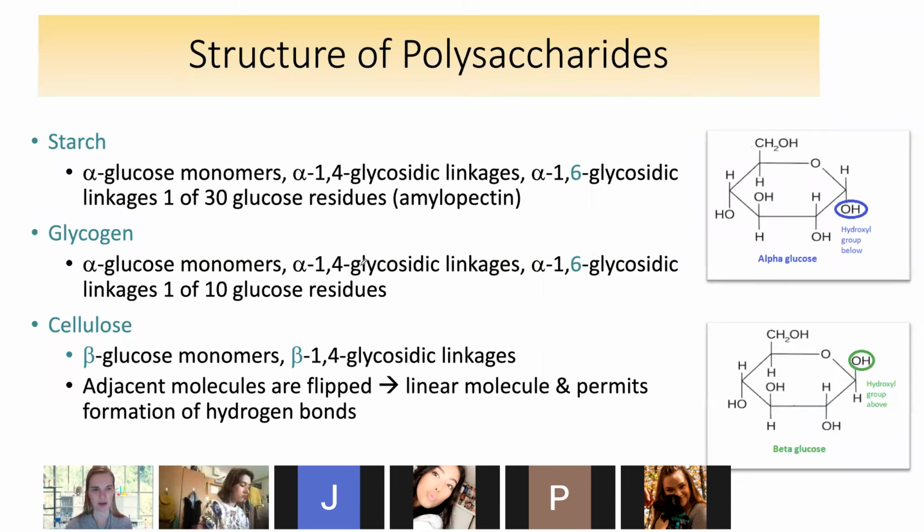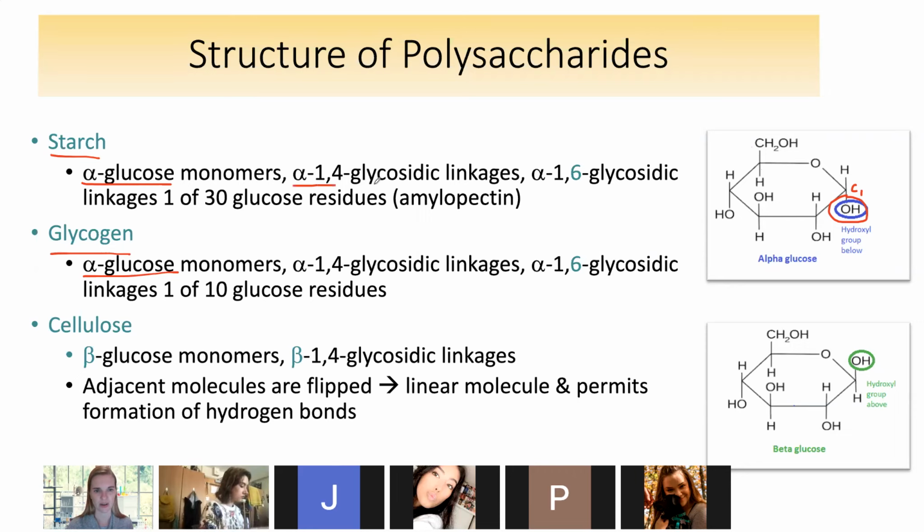What I want you to notice is that with both starch and glycogen, we're using those alpha glucose monomers. Remember, with the alpha, we have that nice hydroxyl group at carbon 1 that is facing forward, as we called it on Monday. This is going to provide a certain structure as we start building these really large polysaccharides. Both starch and glycogen are fairly similar.